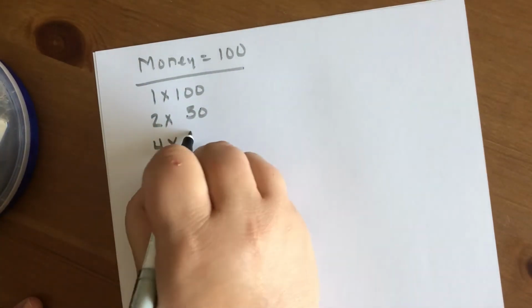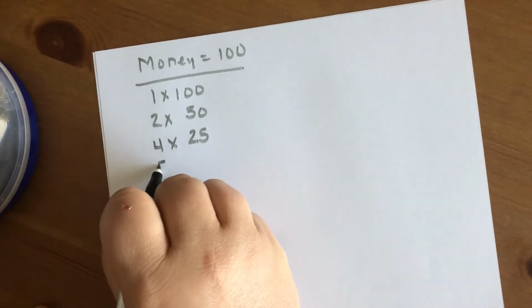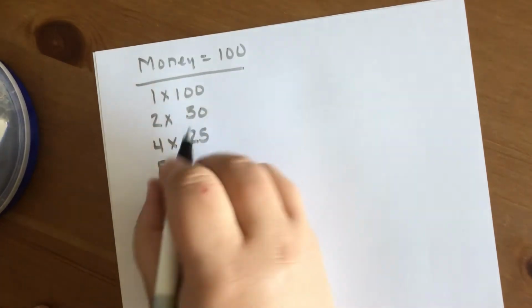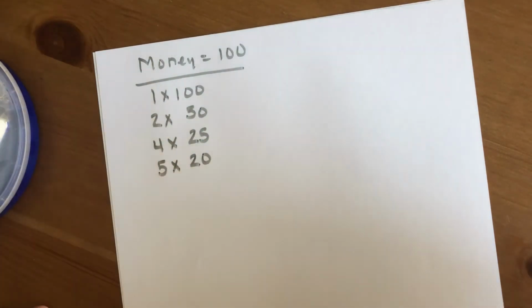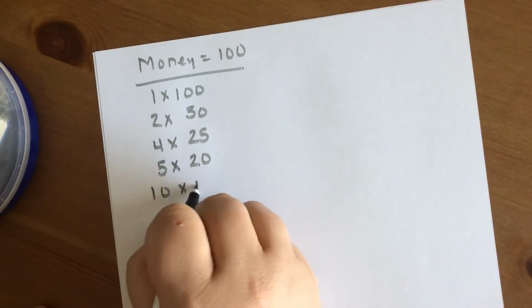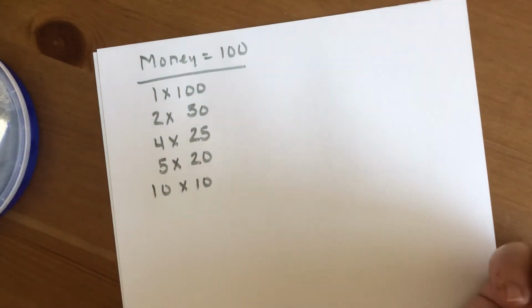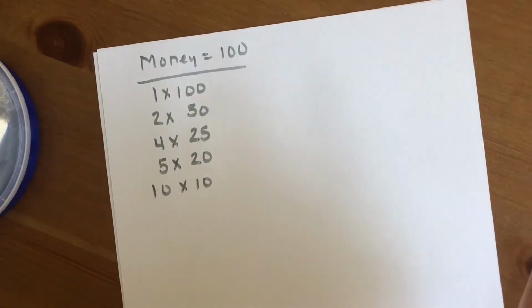We talked about how 4 quarters that are 25 each equals 100. Five times 20 gives us 100. And 10 times 10 gives us 100. All of these are different ways to break down money amounts that turn it into equivalent fractions.